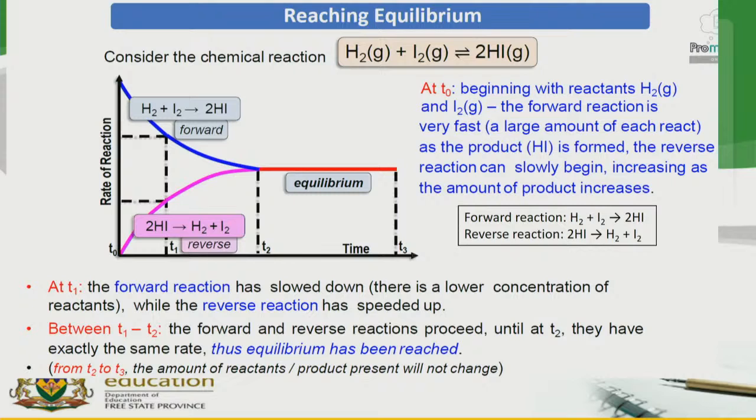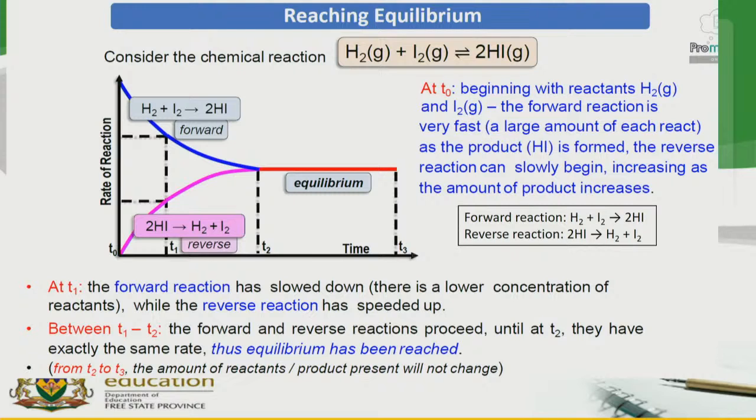It means their concentration is decreasing. And you know from the factors that a decrease in concentration will result in a decrease in reaction rate. So at the beginning, you'll have a high concentration of hydrogen and iodine, and as they start reacting, their rate of reaction will be high.